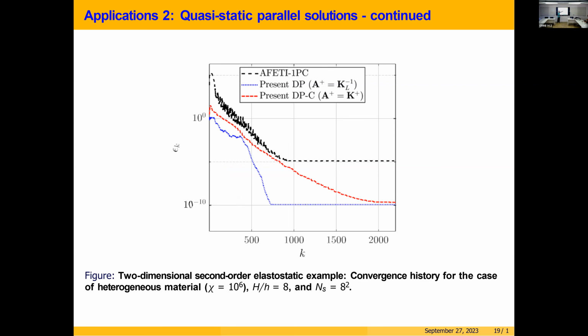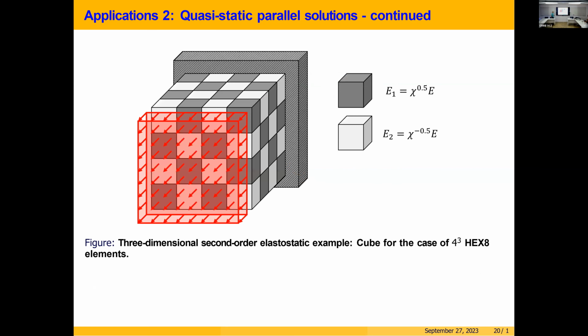This is FETI. And in heterogeneous cases, we found out this particular preconditioner is much better than the generalized inverse. So we are still learning, but it's a three-dimensional problem.